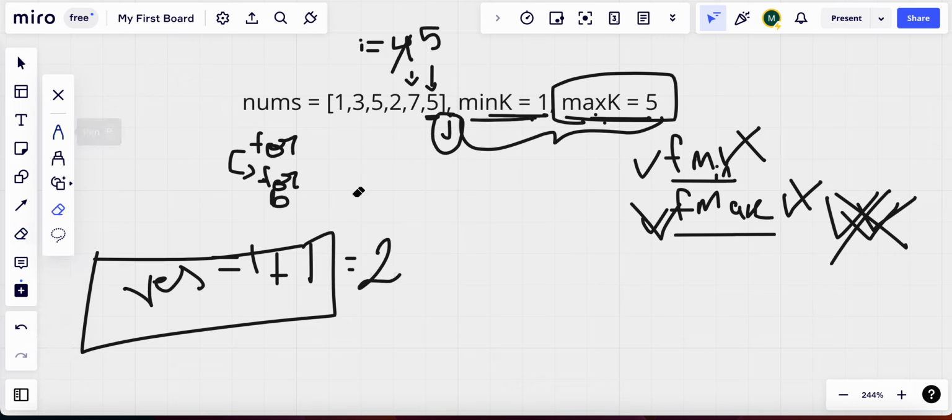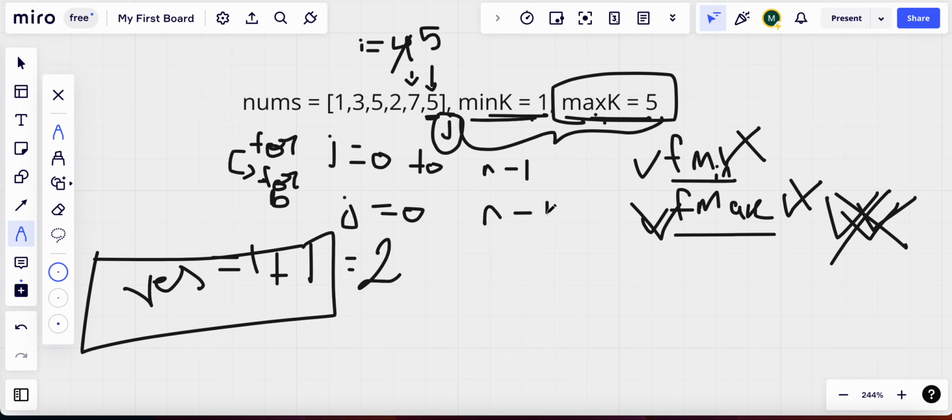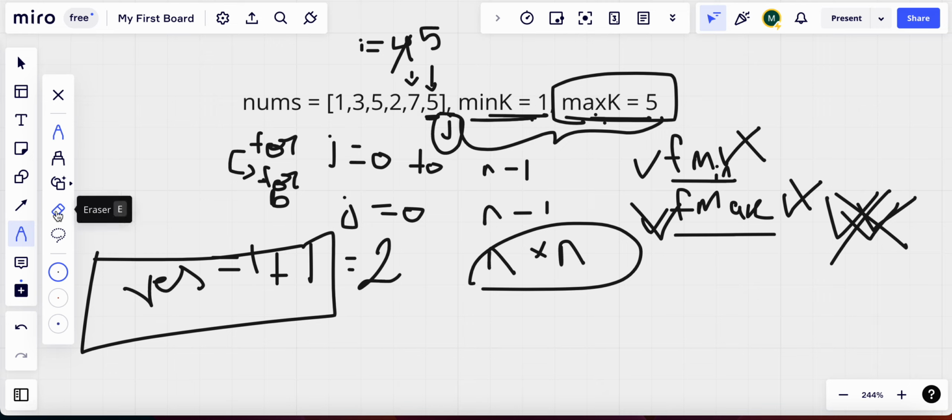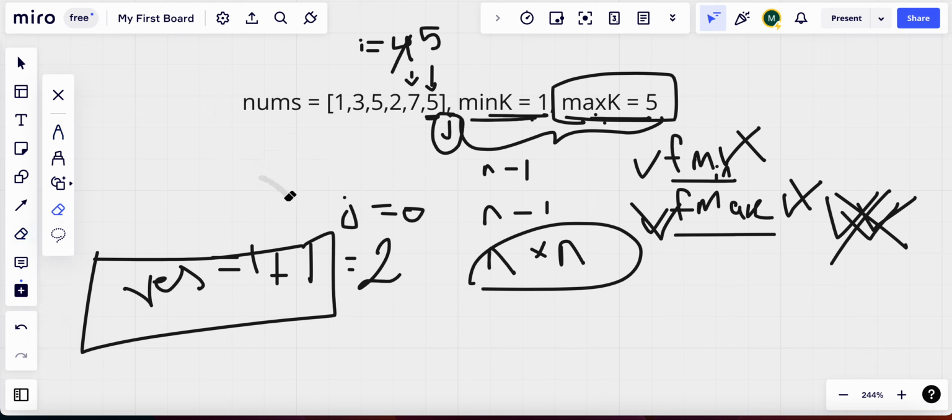But following this brute force solution would mean that we are looping from I equals 0 to n minus 1, and also j equals 0 to n minus 1, right? So that would mean that our time complexity is n times n, that's n squared, which is a huge time complexity, and that leads to time limit exceeded in LeetCode.